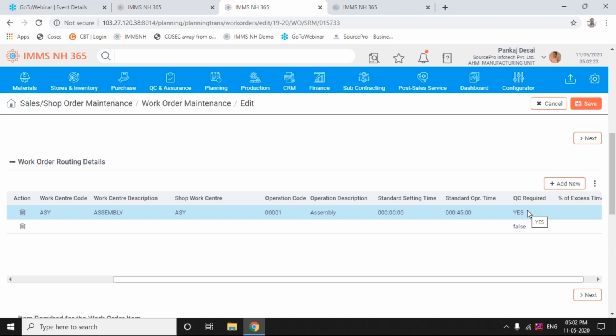If you say quality required yes here, that means the system will not allow, even if there is a second operation, time or quantity booking for the second operation till such time the quality of the first operation is successfully completed.